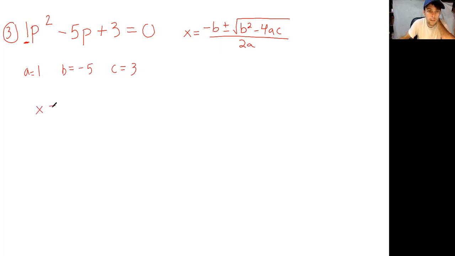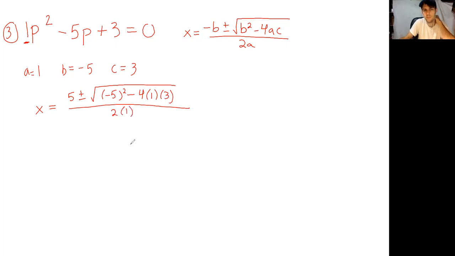So we get x is equal to the opposite of b, which is going to be positive 5, plus or minus the square root of b squared, so negative 5 to the second power, minus 4 times a times c, all that divided by 2 times a, 2 times 1. As you're going, you might evaluate these pieces before, instead of writing them all out.